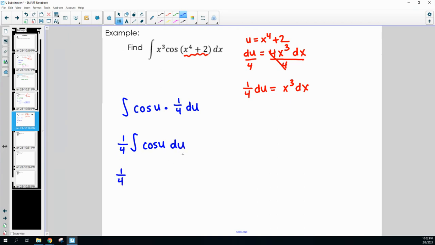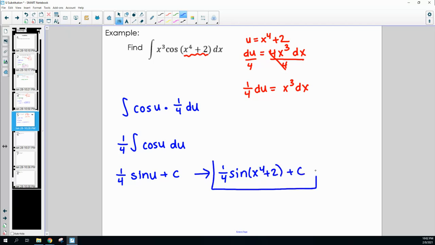Now I'm going to take the antiderivative of cosine of u du, which is sine of u, plus c, because it's an indefinite integral. The last step is to replace u with what we said it was equal to. So 1/4 sine of x to the fourth plus 2, plus c. And that would be your integral.